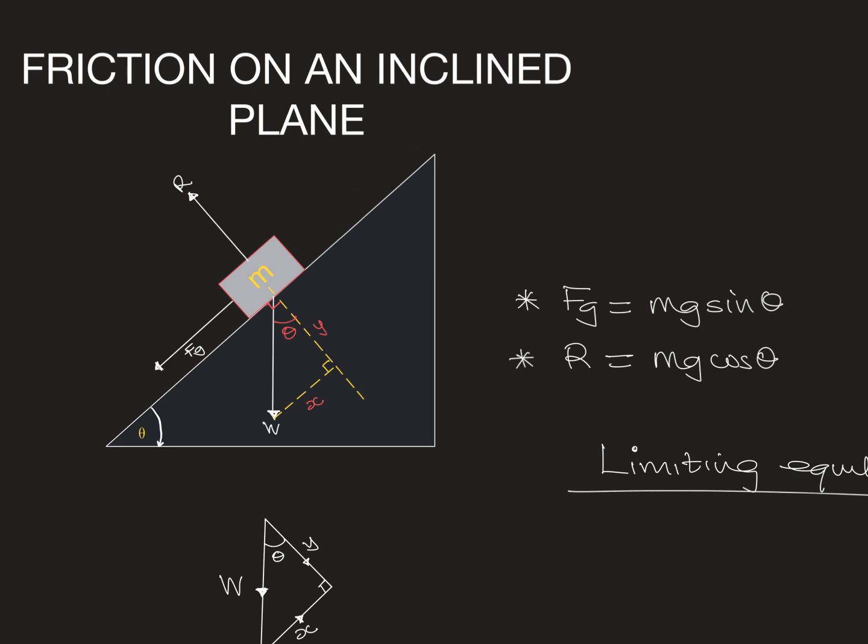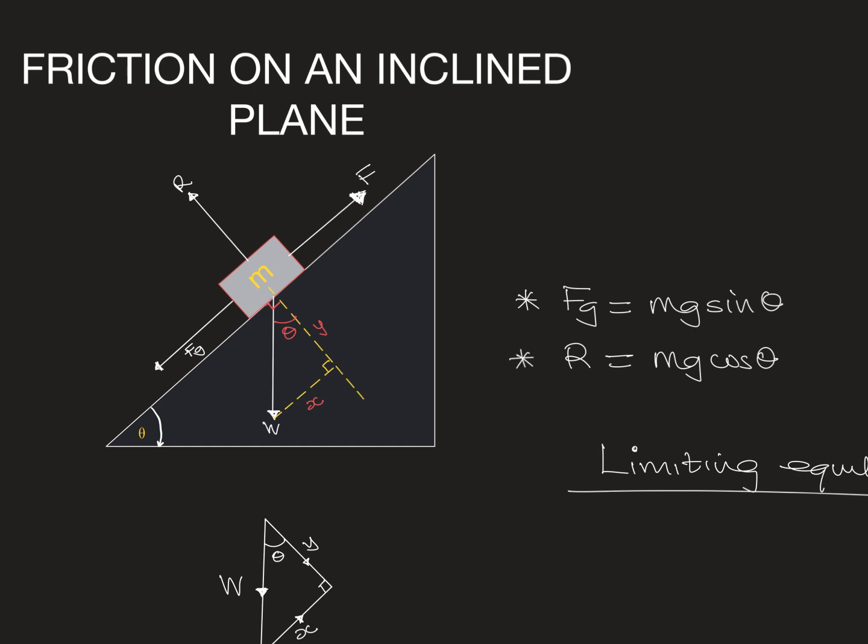Now let's try to write that. So if we have friction acting up the plane F, we've said that in a condition of limiting equilibrium, the forces that are acting parallel to the plane, okay, whether it is inclined plane or horizontal plane, must balance each other.